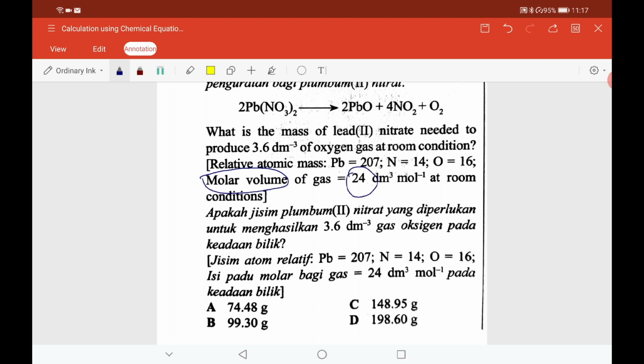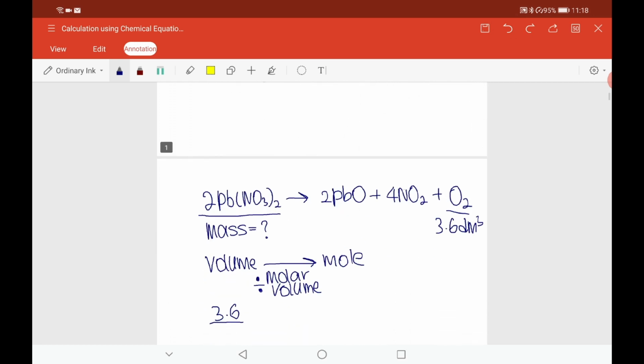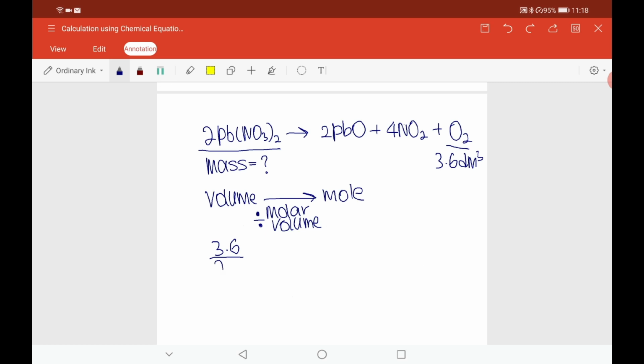So we just use the 24 here. 3.6 divided by 24. We key into the calculator 3.6 divided by 24, and we will get 0.15 mole, because we are looking for mole, so you need mol.